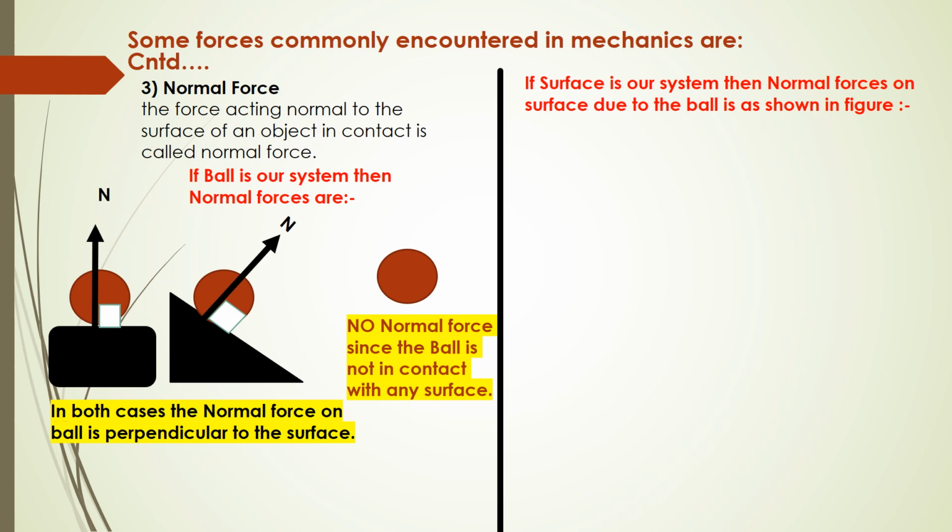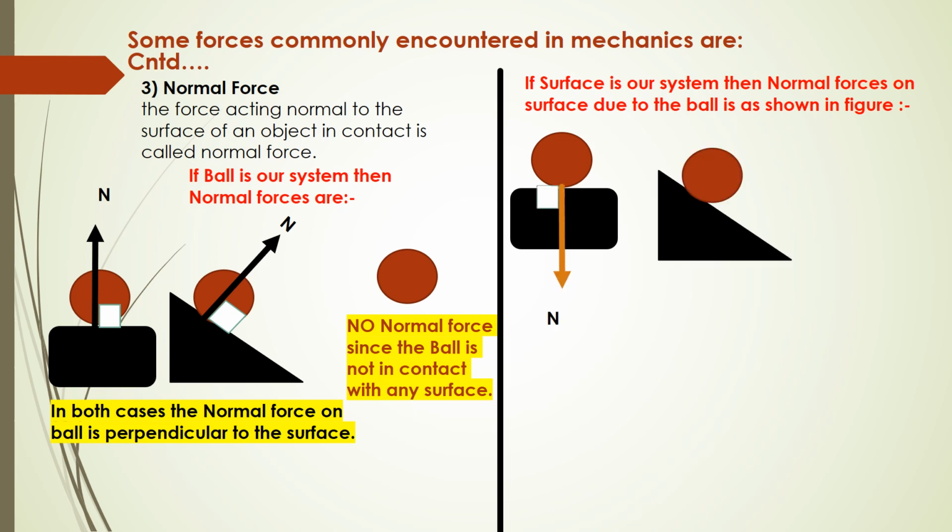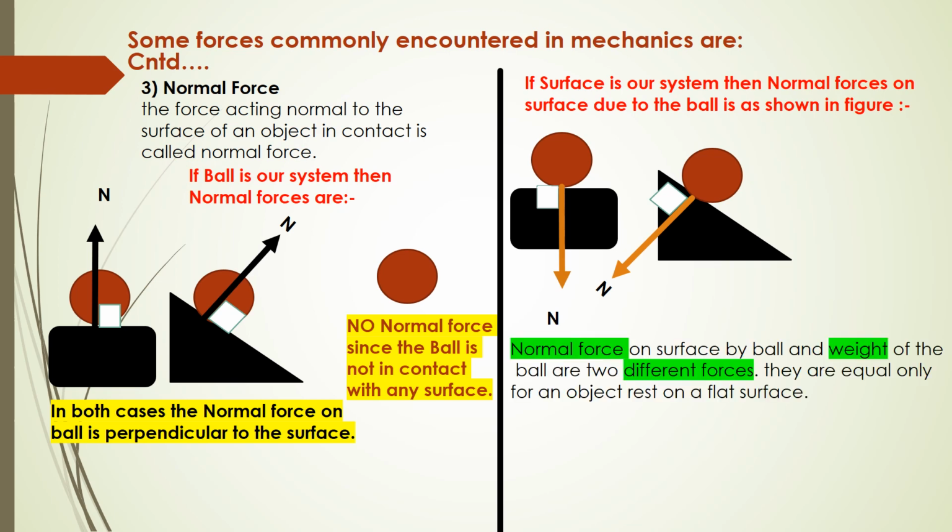If the surface is our system, then the normal force on the surface due to the ball is shown in this figure. There you go. The normal force on a surface by the ball and the weight of the ball are two different forces.